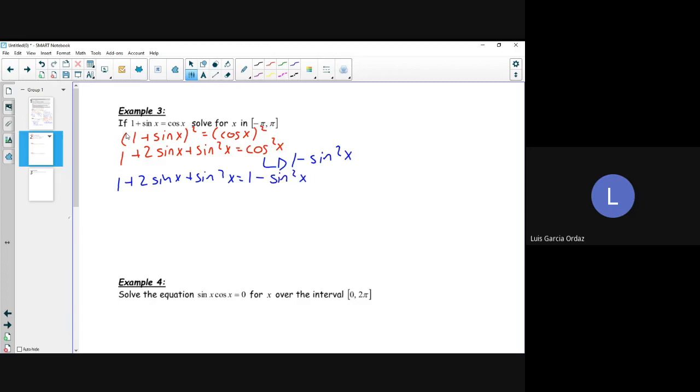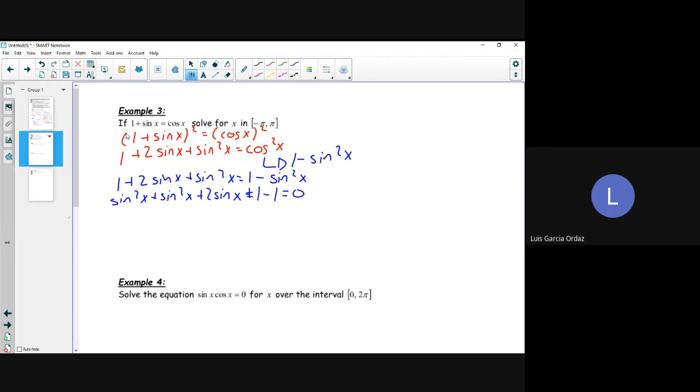And now all we're going to do is bring the right side over to the left side. So we get sine squared x plus sine squared x plus 2 sine x plus 1 minus 1 is equal to 0.